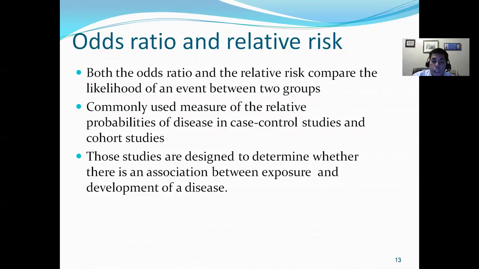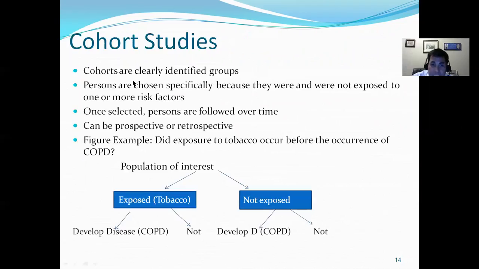So, cohort studies are clearly identified groups. These are persons chosen specifically because they were and were not exposed to one or more risk factors of the disease. Once selected, the persons are followed over time, and this can be done prospectively or retrospectively. So for example, here for the cohort study, here's our population of interest, the ones who got exposed to tobacco and the ones that are not exposed.